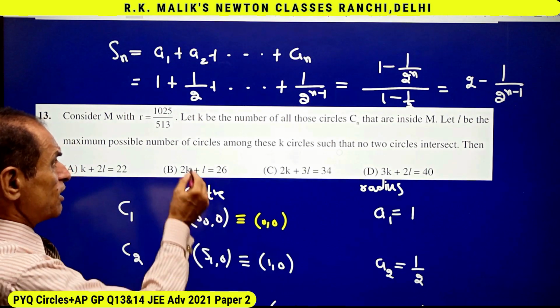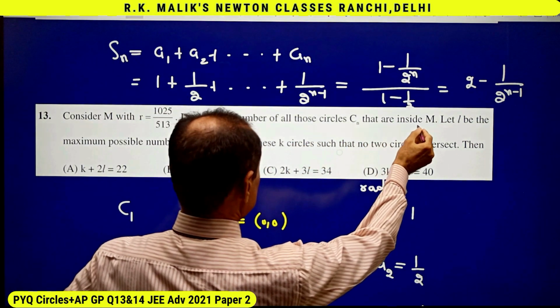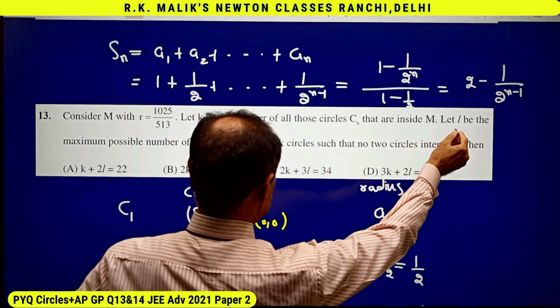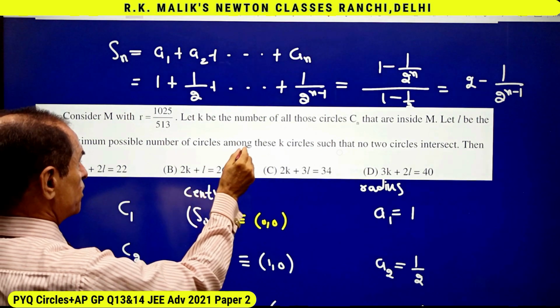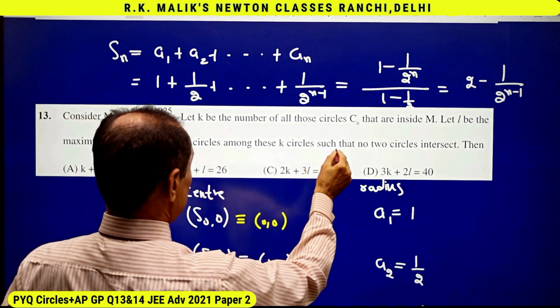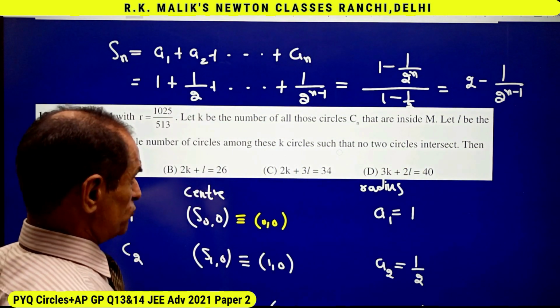Now he is asking, let K be the number of all those circles Cn that are inside M and let L be the maximum possible number of circles among these K circles such that no two circles intersect. Then you have to find the correct choice.